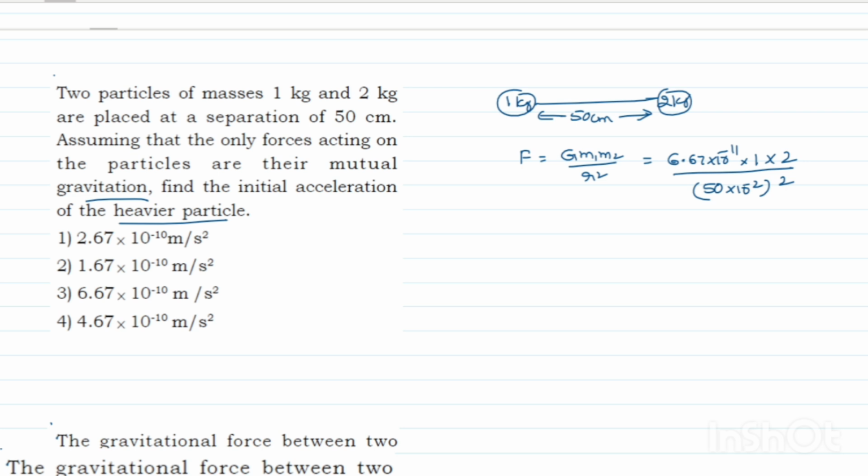Then we find the initial acceleration of the heavier particle. The heavier particle is the 2 kg mass, so F equals m2 into a.